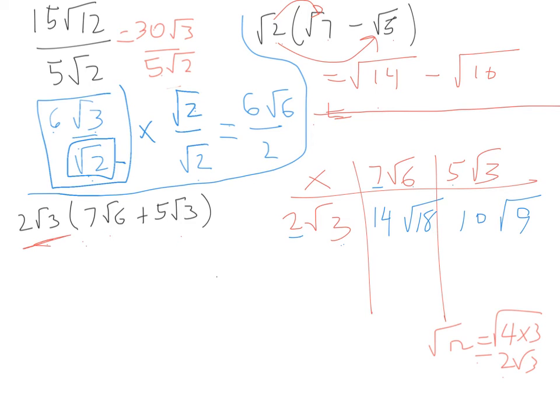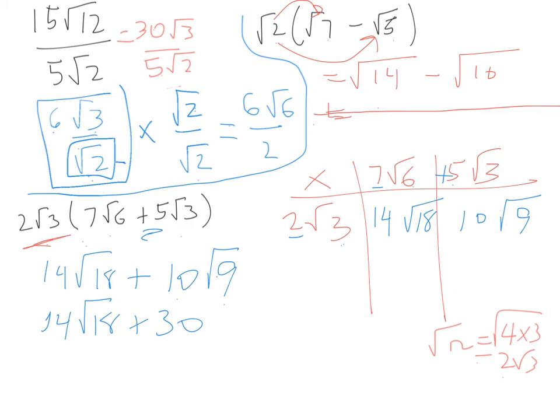So from there we've got 14 root 18 plus, because there is a plus there, 10 root 9. Now we know square root of 9 is 3, so that should be 30. So 14 root 18 plus 30. Now this 18, we know we can break that up into 9 times 2.